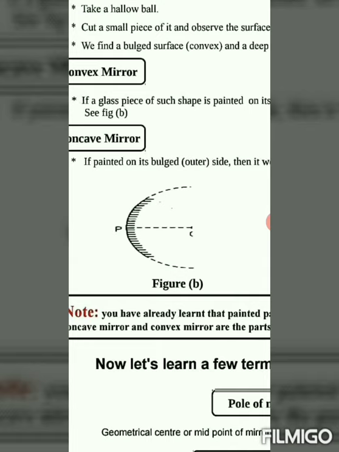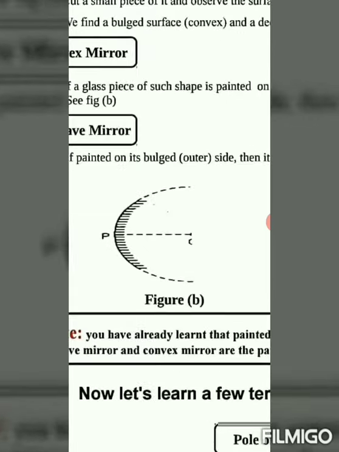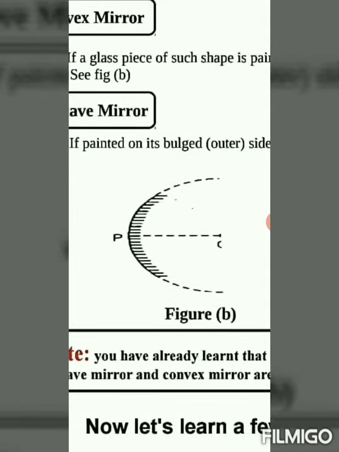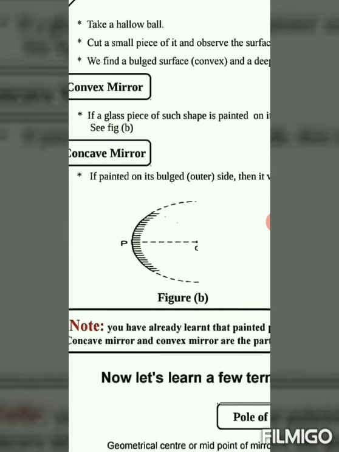In figure B, C means center of curvature, P means pole. Here the dotted lines on the surface are the non-reflecting surface.